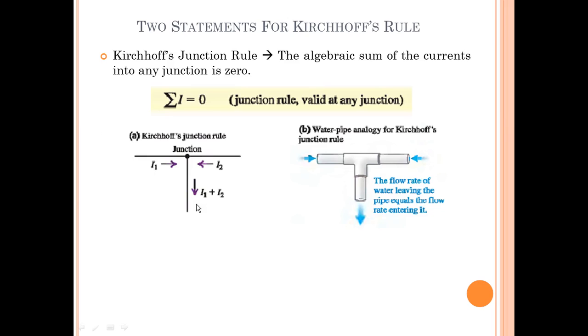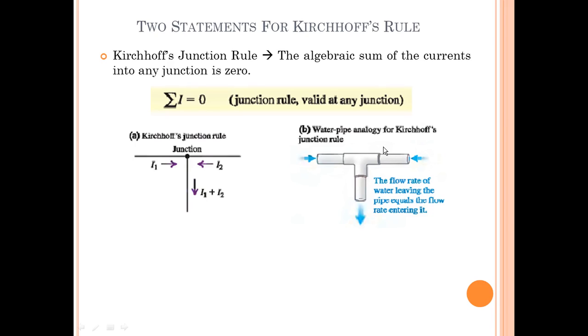Now, as an analogy, try to compare this junction rule of Kirchhoff's to, for example, a water pipeline. In this analogy, the direction of the current is represented by the water that is flowing through the junction, and the entire junction itself is represented by the tubing of the wire.